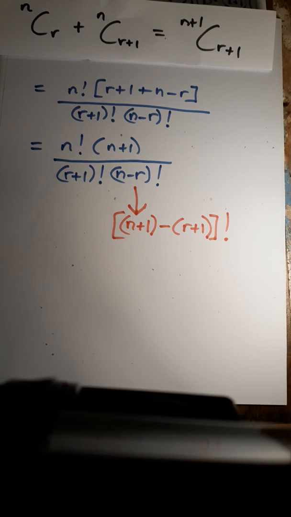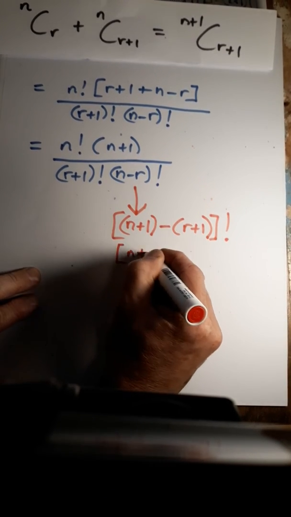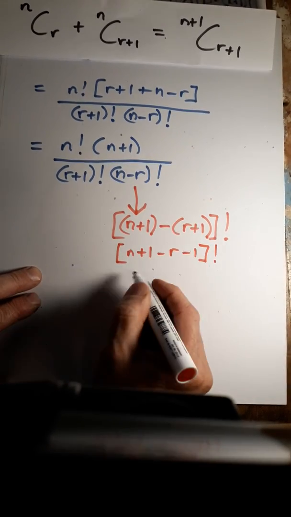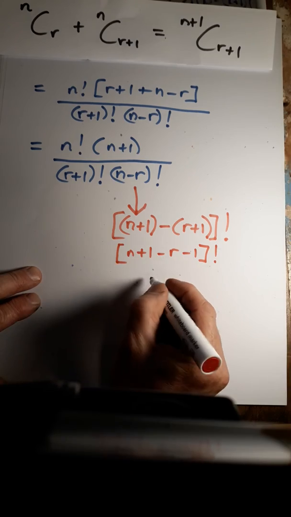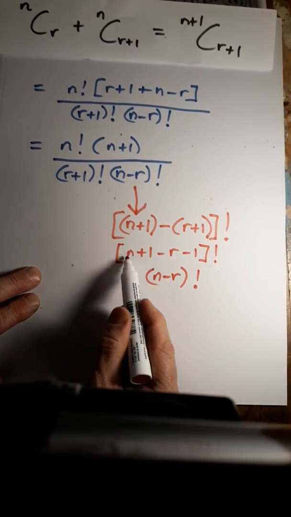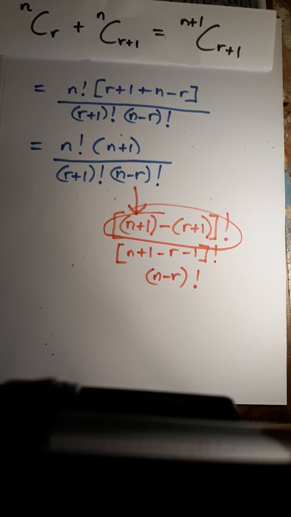Does it? Well, let's just expand that out. This would be n plus 1 minus r minus 1, which is n minus r factorial. So yes, n minus r factorial does equal what we're after there. So I'm going to rewrite it like that.